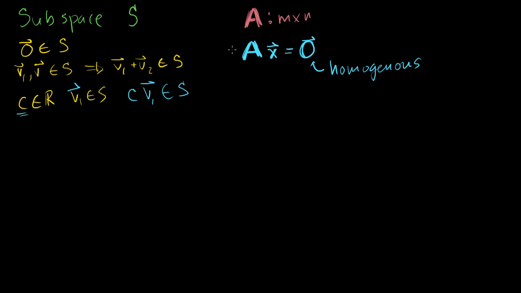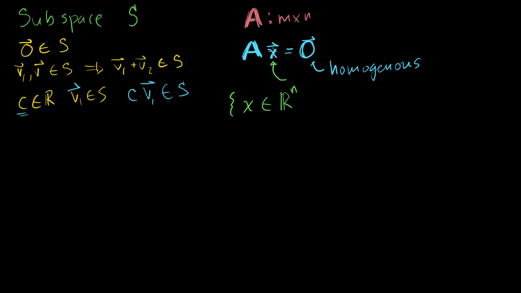This is a homogeneous equation because we have a 0 there. And I want to ask the question: if I take the universe, the set of all of the x's that satisfy this equation, do I have a valid subspace? Remember, if our matrix A has n columns, then I've only defined this matrix vector multiplication if x is a member of Rn.